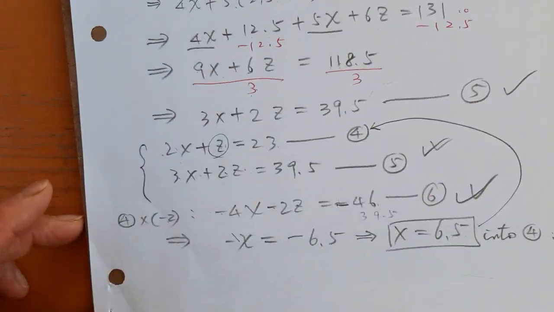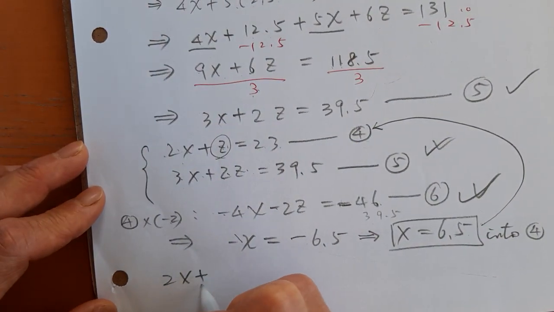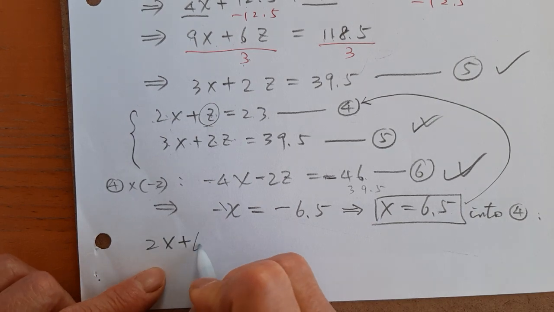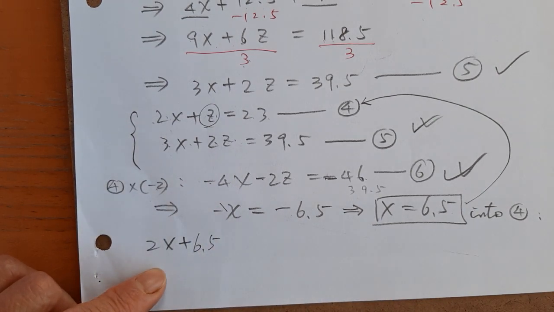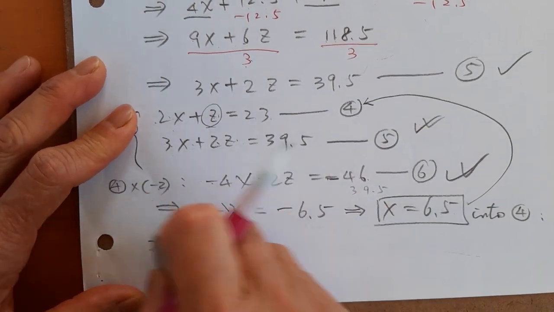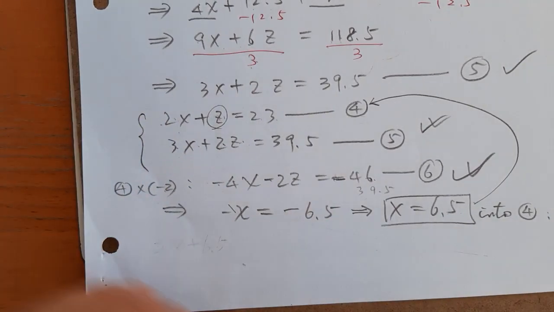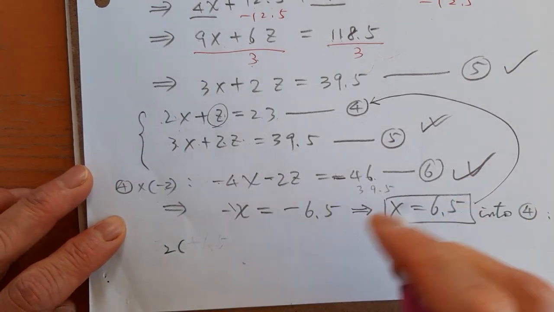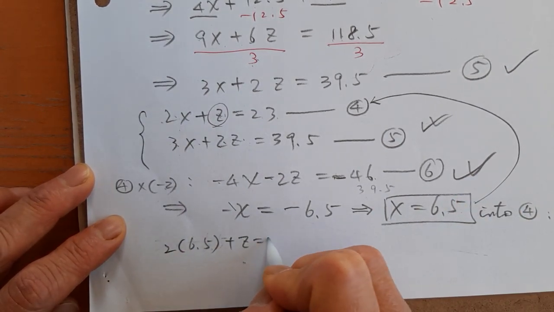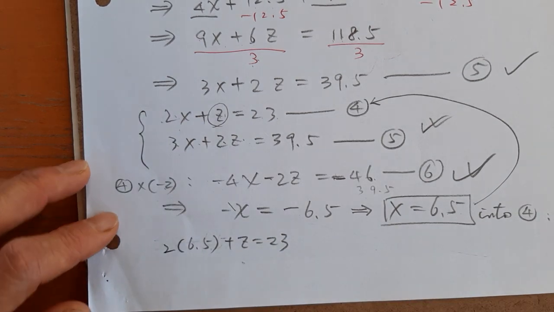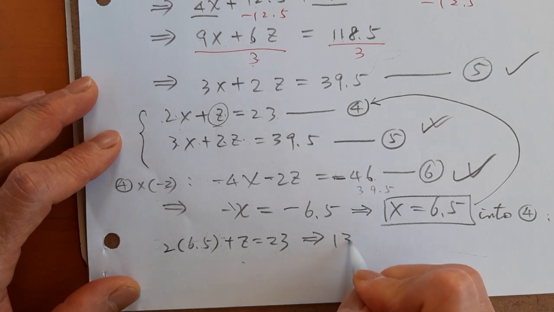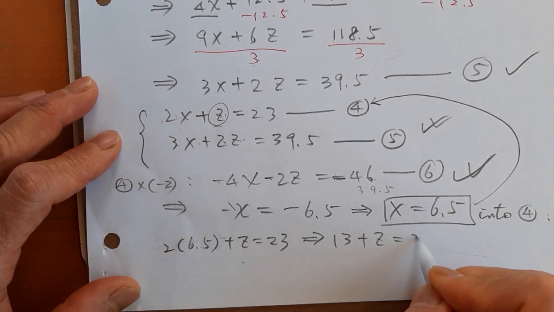The fourth equation is 2x plus z equals 23. Put in x is 6.5: 2 times 6.5 is 13, plus z equals 23.